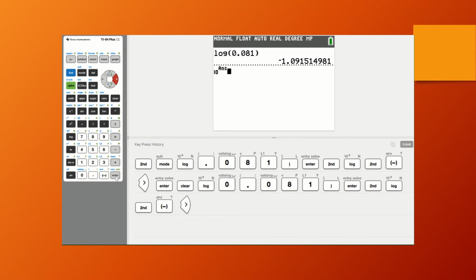So what is 10 raised to the power of negative 1.09? See, I know that negative puts that in the denominator, doesn't it? I bet it's going to be something less than 1. And in fact, it is 0.081. Once again, kind of proving that logs and exponentials are in fact the inverses of each other, which is an important thing to know.